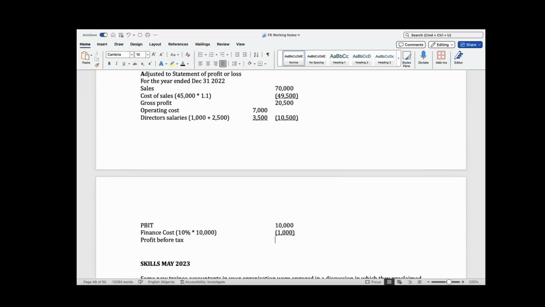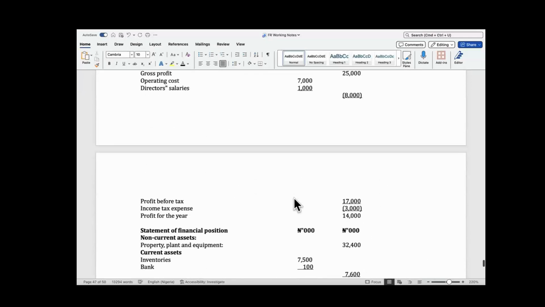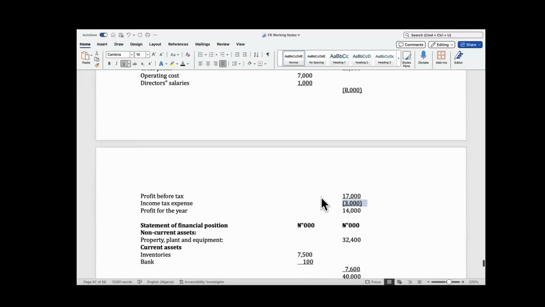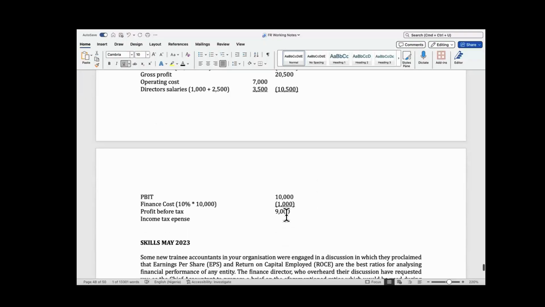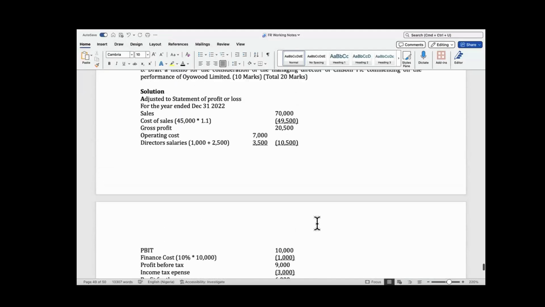So profit before tax, 9,000. Income tax expense is 3,000. Profit for the year, we have 6,000. Okay, so I've adjusted this.